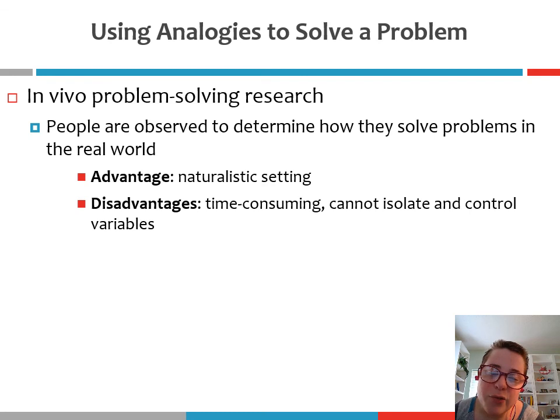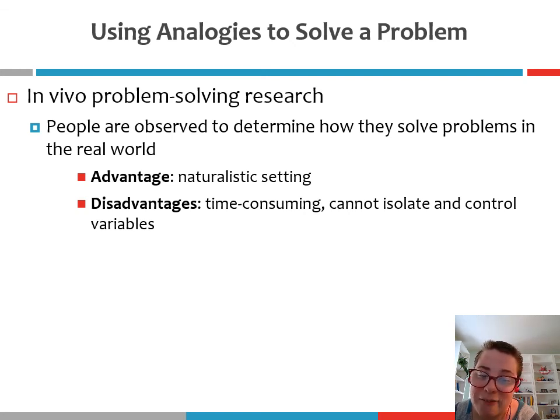Okay. So one final thing I wanted to note is that psychologists haven't just focused on solving problems in the laboratory. They've also looked at more naturalistic or real world settings in this domain, right?